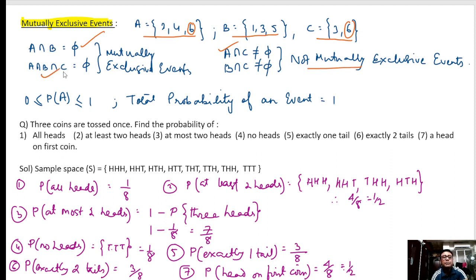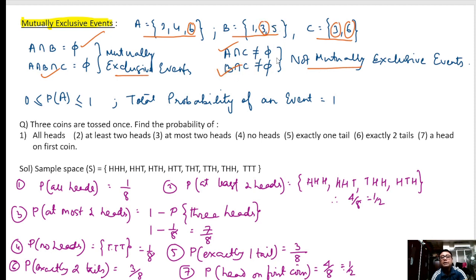Again, between A, B and C, what is common? Between A and B there is nothing common. With C also there is nothing common. So between all the three there is no number which is common. So A, B and C are mutually exclusive events. But between B and C, see, there is a 3 common.